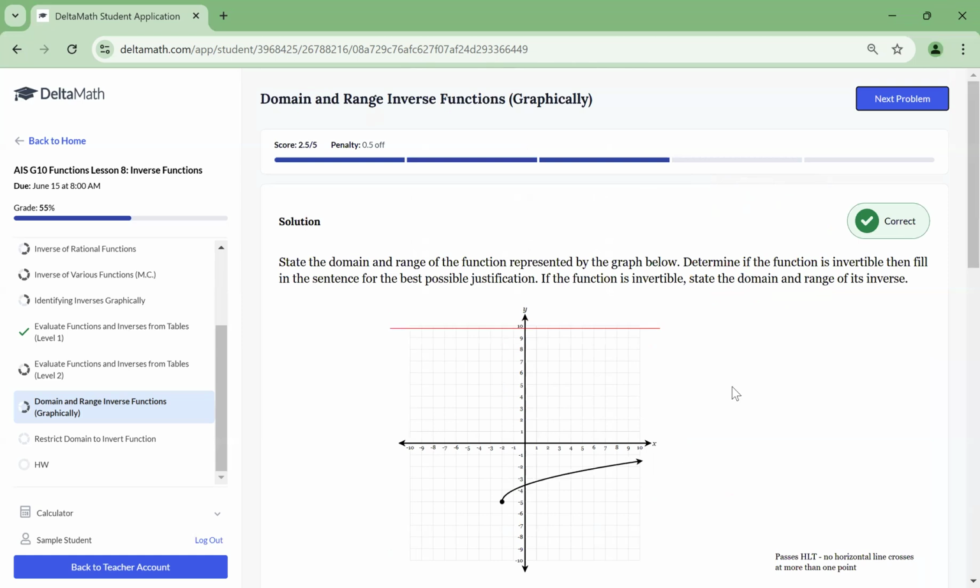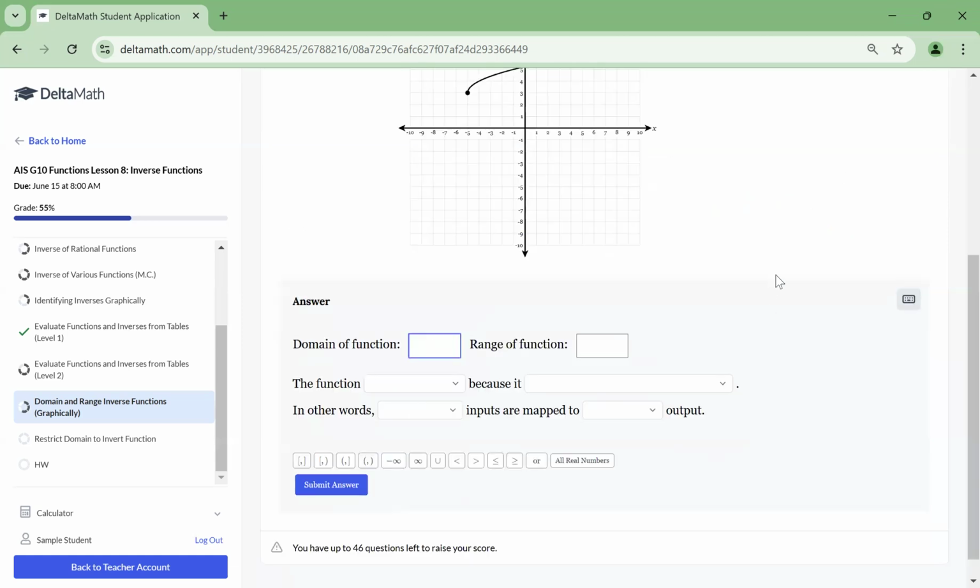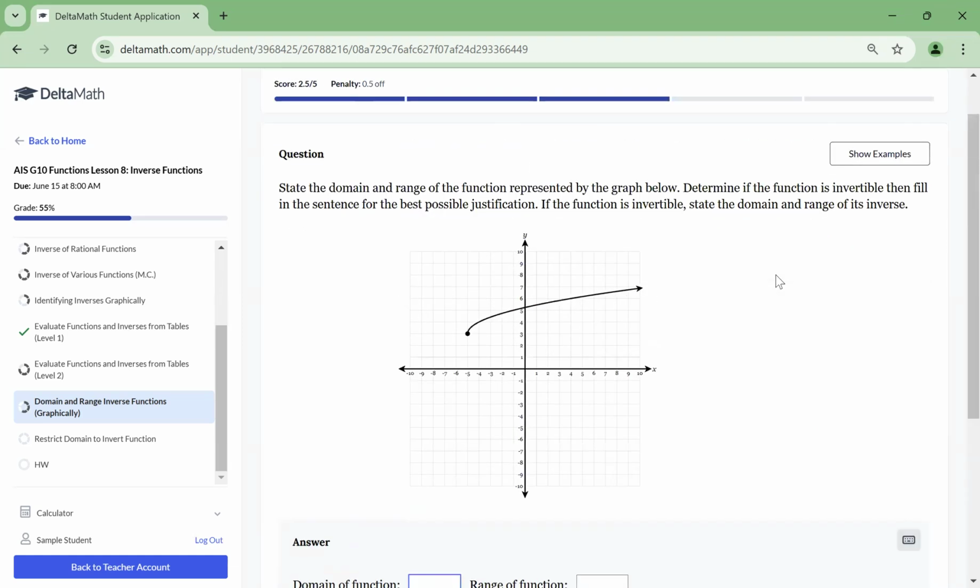Let's try a third one. So this is same as the previous question. We have this point here, so -5 for the x and +3 for the y. And it goes to positive infinity in x and y. So the domain would be -5 infinity.